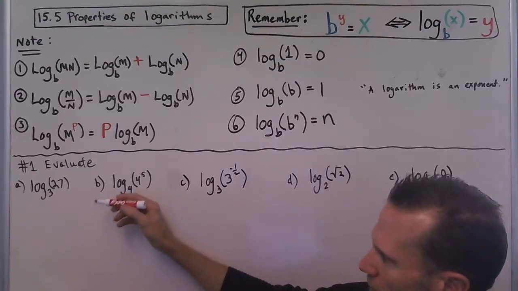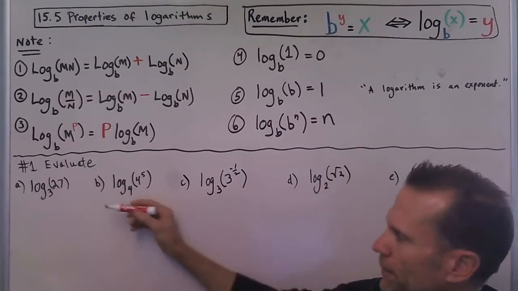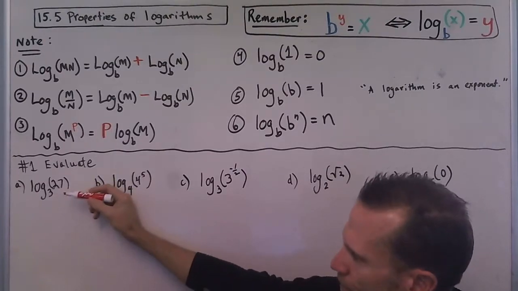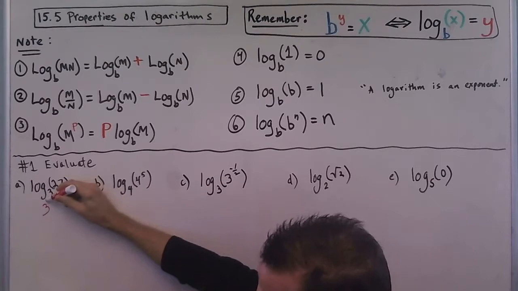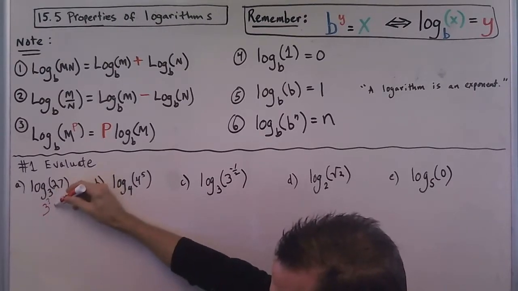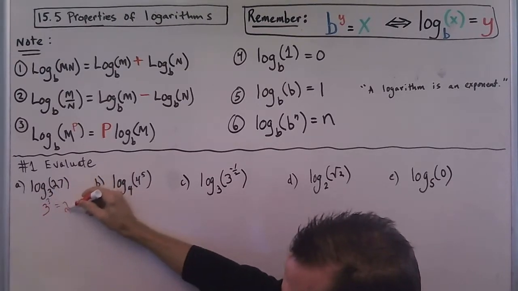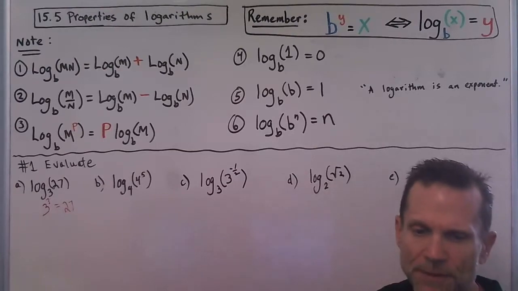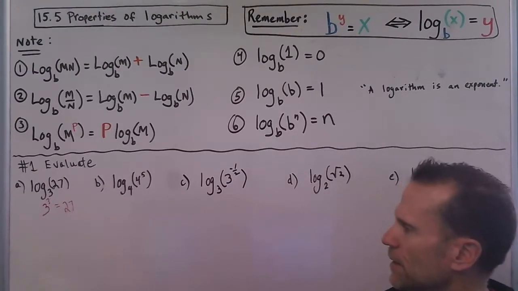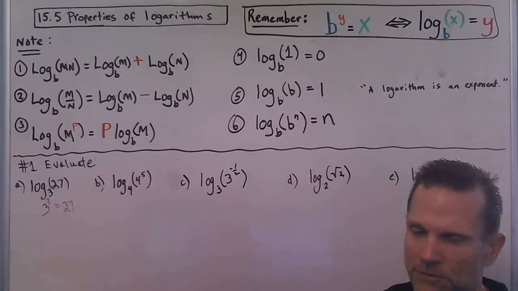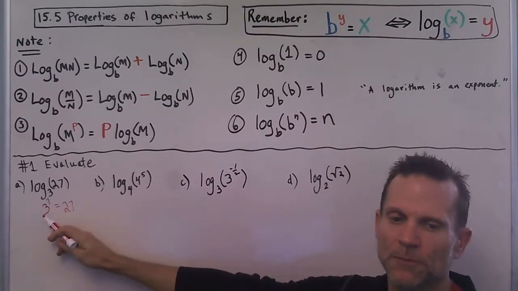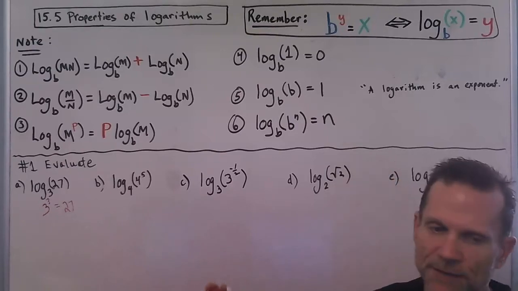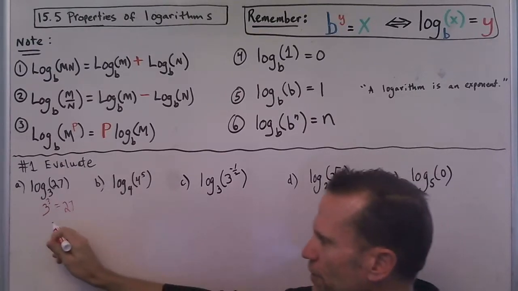And one way to attack a logarithm problem is, if you see this, you can think about 3 to what power is 27? That should be a basic fact for you, but if not, you can think through how many times you have to multiply 3 together to get to 27, and it's to the third power.